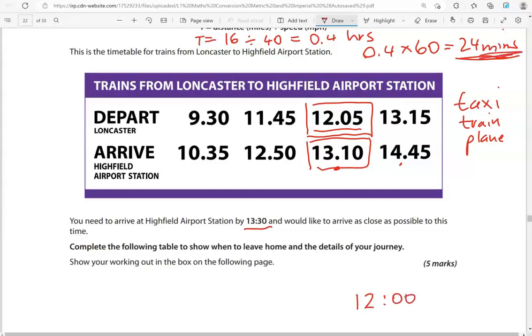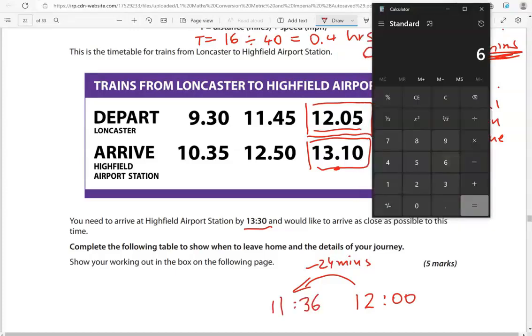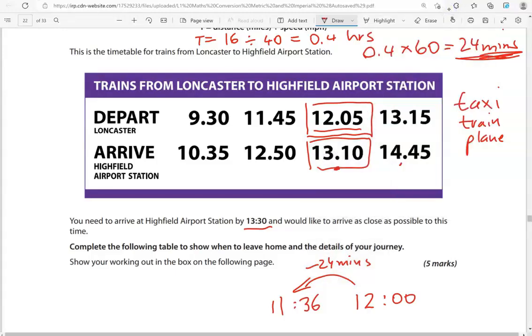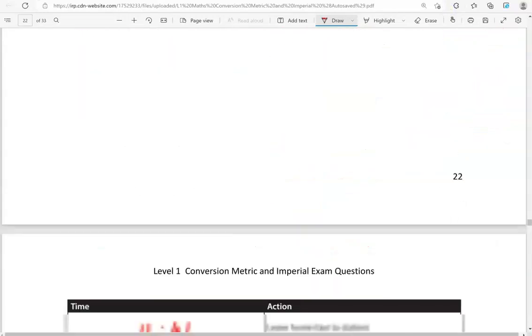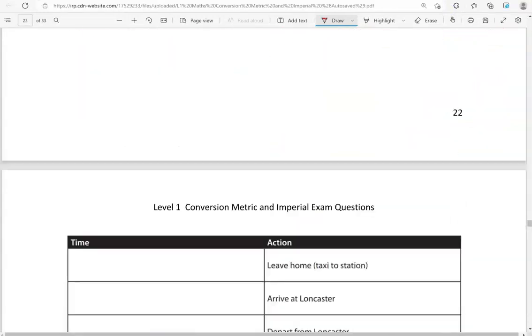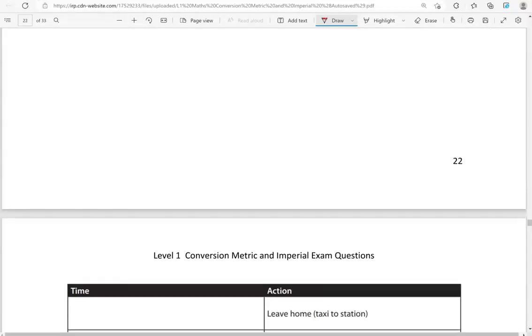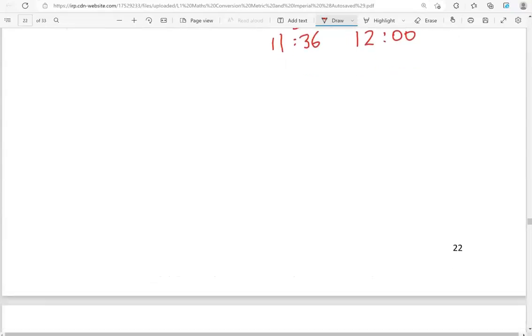So going backwards now by 24 minutes, that will be 11:36, because 60 take away 24 gives us 36. So the time when they will leave home will be 11:36.